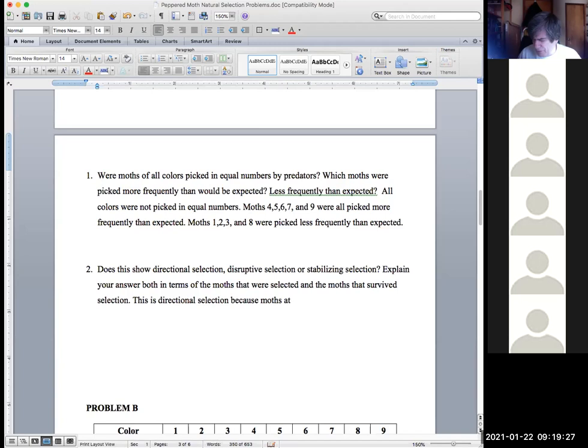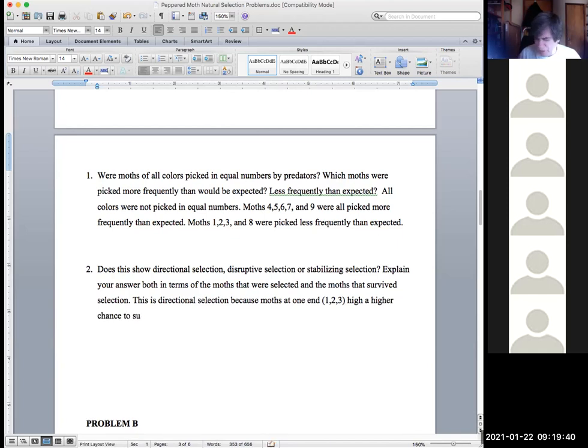Why? Because moths at one end have a higher chance to survive.